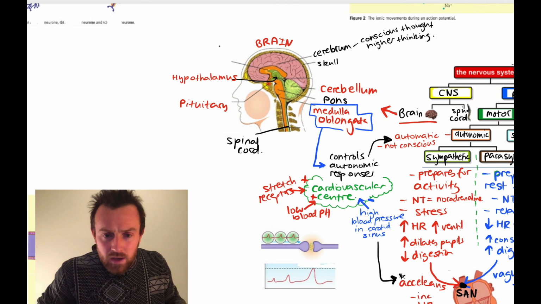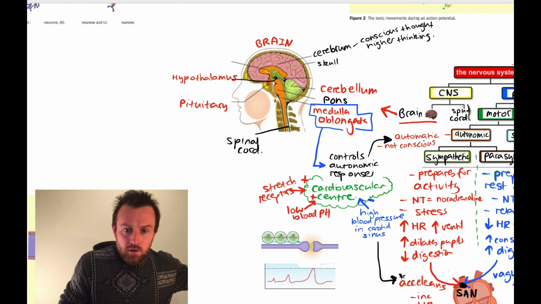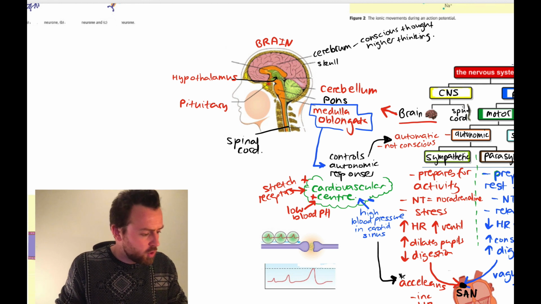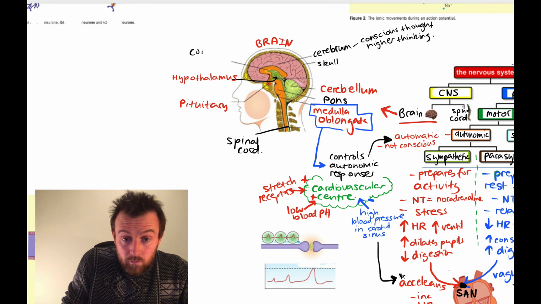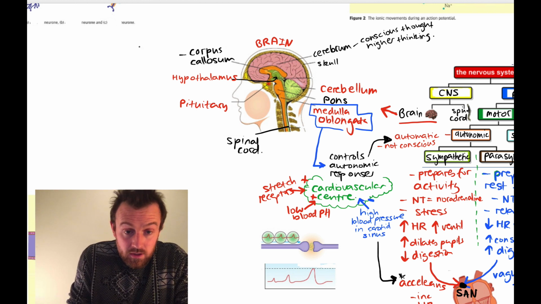I realise now that I haven't labelled one part of the brain over here on the left, which I think is the corpus callosum. That's right. Which is something that joins the two hemispheres of the brain. So let's just write that here, joins hemispheres.